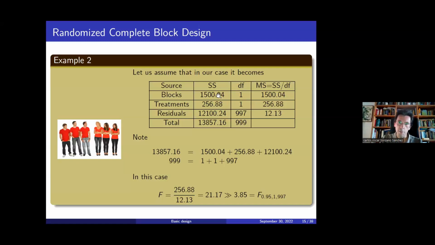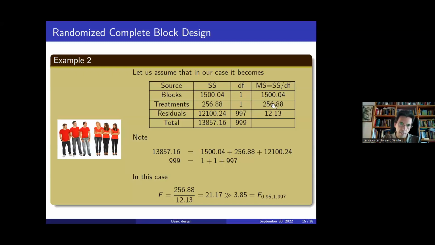So now there is no free lunch, you have to pay. And how much? I have to pay just 1 coin for estimating the contribution of sex. But now I see that sex is actually the variable that explains the most variability. It explains almost 100 times more than the residuals.